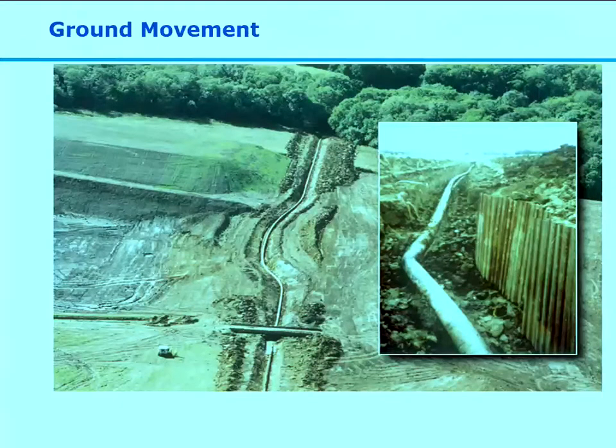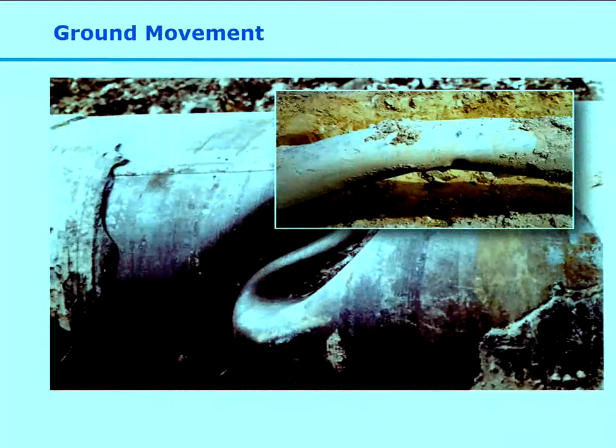This is an example of a pipeline that was routed through a very marshy area in the US, which failed. And the issue with liquid pipelines often is that the environmental consequences are absolutely huge. And you can see here there were massive problems. The failure was quite interesting. This is often what happens with ground movement failures.